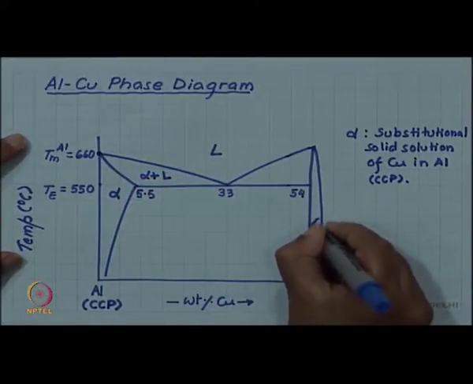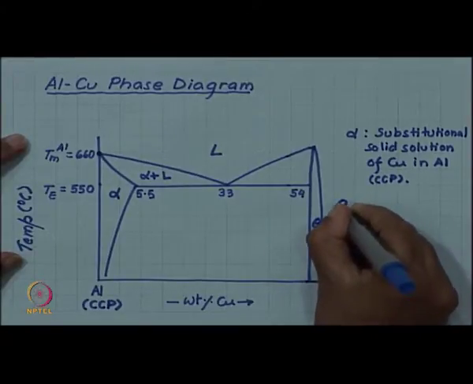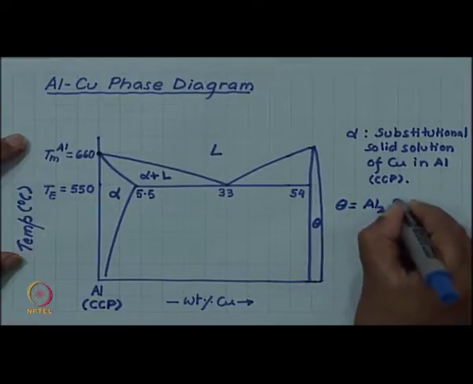This particular phase is theta, which is an intermetallic compound. Theta is Al2Cu.